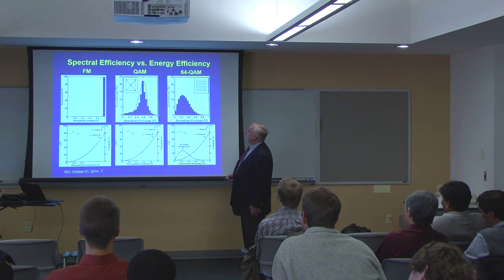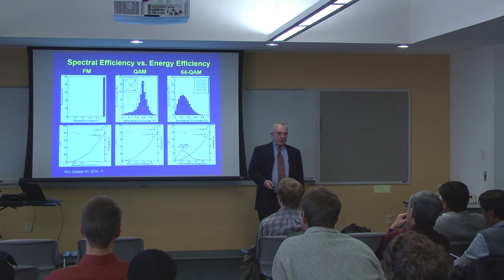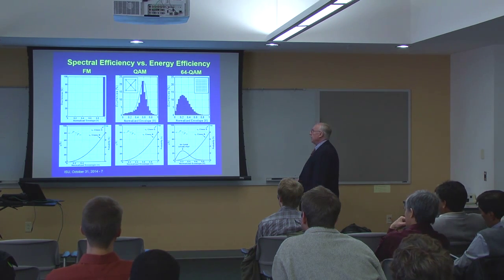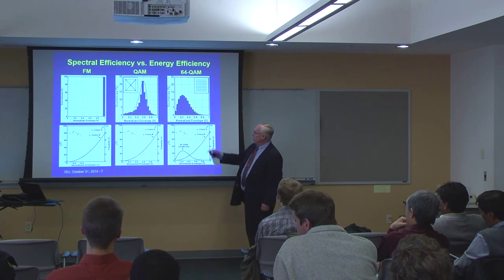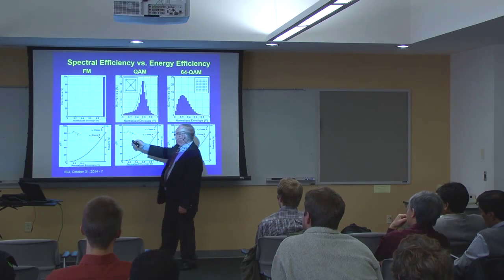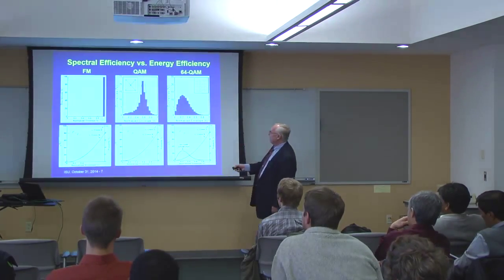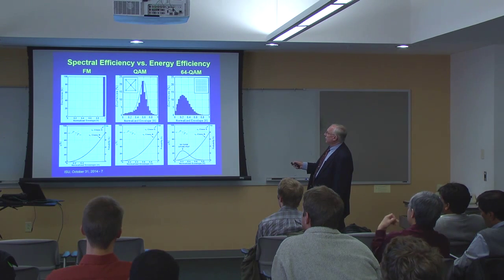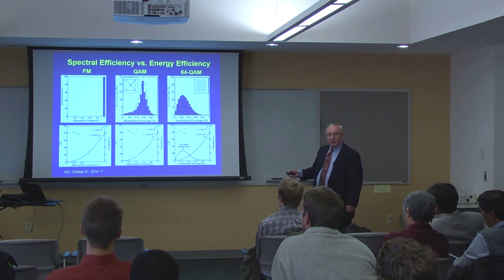Okay. Let's move on a level. Let's talk about spectral efficiency versus energy efficiency. So I'm showing three different standards here. Frequency modulated standard here, which has only one amplitude. I'm going to give up on this thing in a minute. This is for a quadrature amplitude modulated standard.